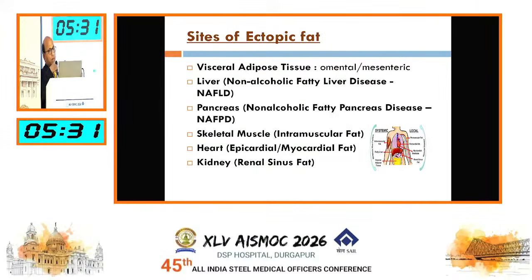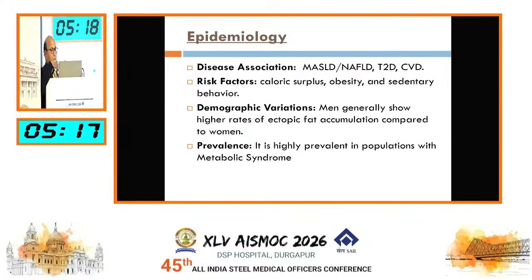The most common sites for ectopic fat deposition are visceral adipose tissue, liver, pancreas, and skeletal muscle, followed by heart and kidney. In epidemiology, this disease is commonly associated with NAFLD, type 2 diabetes mellitus, and cardiovascular disease. Among risk factors, calorie surplus, obesity, and sedentary lifestyle are very common. Men are more affected than women.